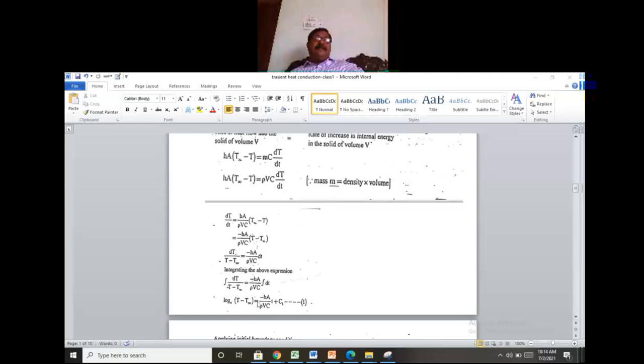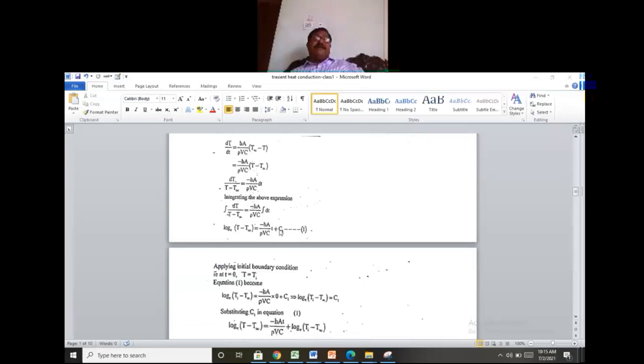Integration of 1 by x is equal to log of x. You recall the equations: log of T minus T infinity equals minus hA over rho V c into t, plus an integration constant C1.